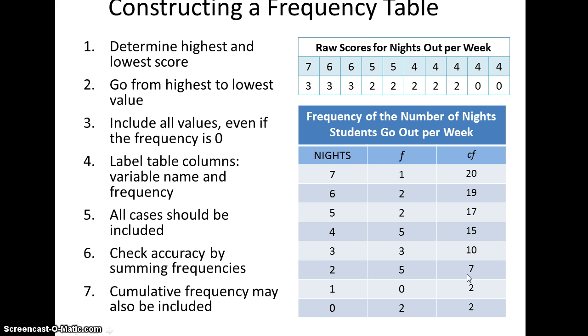For 0, 1, and 2 nights per week, we take this value that's listed in the cumulative frequency column and add 5, and we get 7. So people who've gone out 0, 1, or 2 nights per week total 7, and so forth. And you add them all together, and the top of the column should equal the number of observations, which is 20.